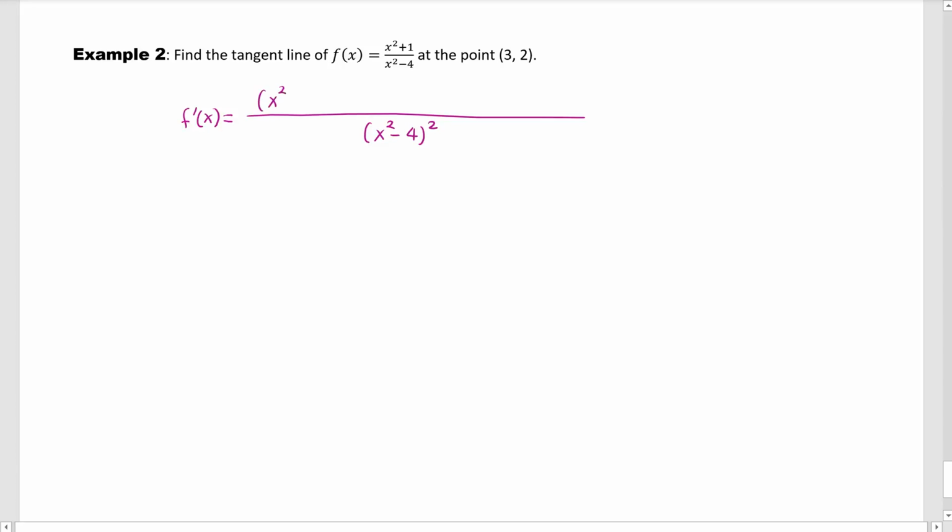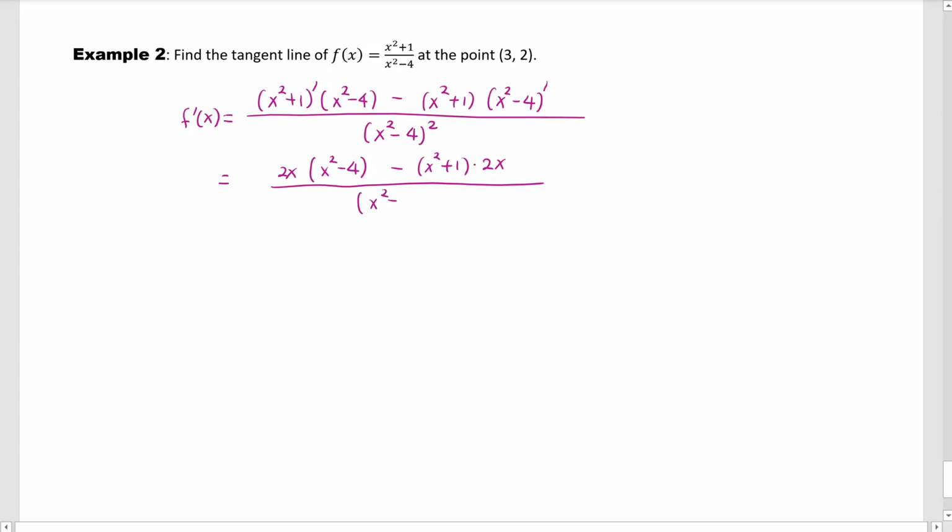Then we have the top guy prime times the bottom guy minus the top guy times the bottom guy prime. Top guy prime: the derivative of x squared is 2x, the derivative of 1 is 0. Minus (x squared plus 1). The derivative of x squared is 2x, and the derivative of 4 is 0.